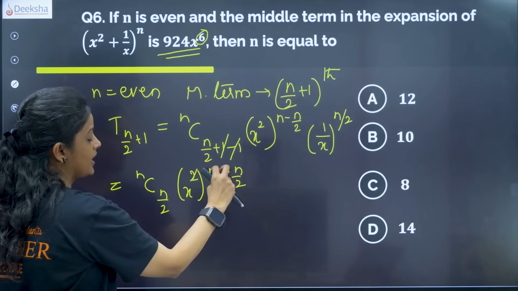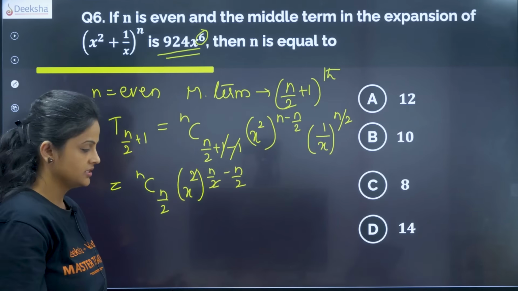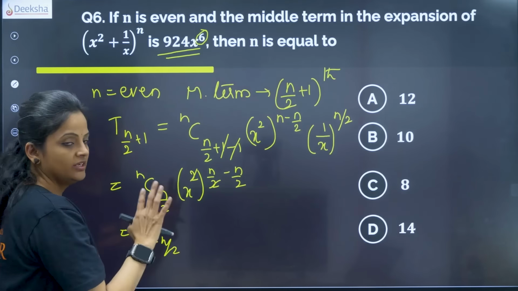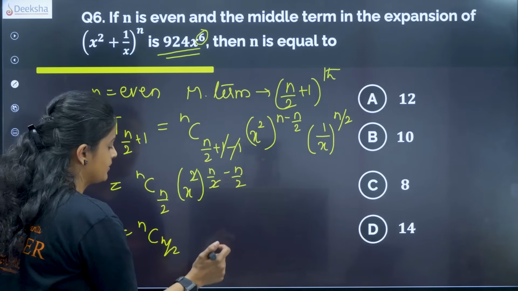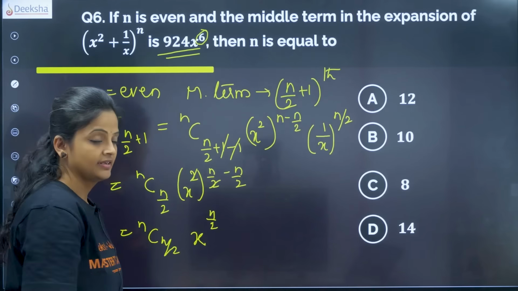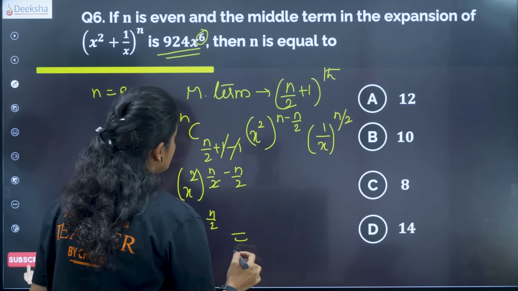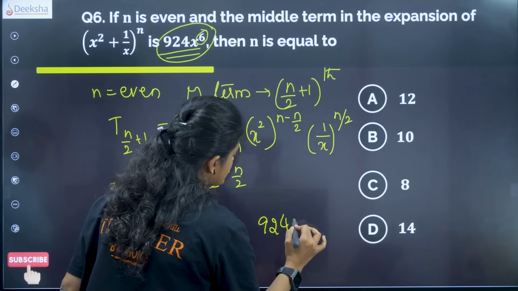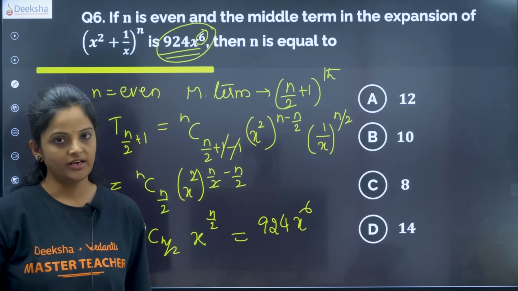So now I'll simplify only the power of x here. Okay, simply you leave this off and simplify the power. I am getting it as n by 2. This is equated to the value they have given, 924 x to the power of 6, right?